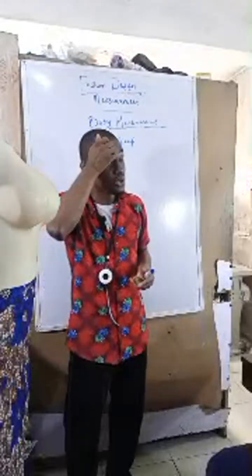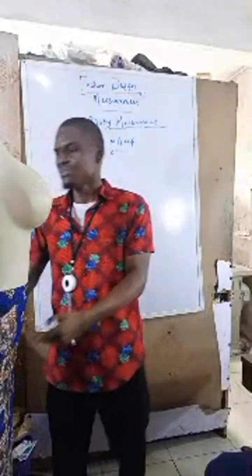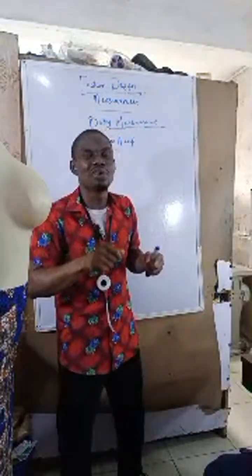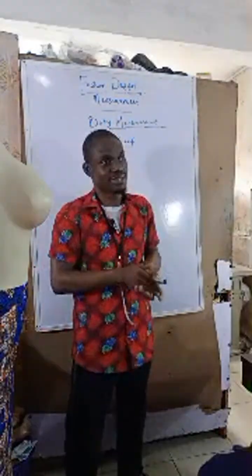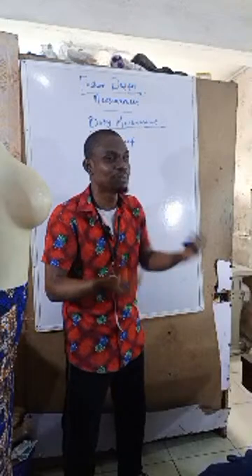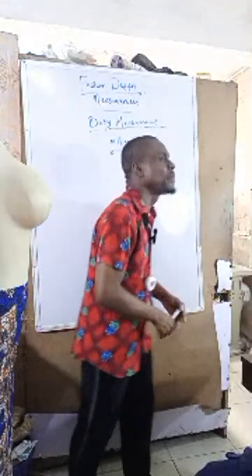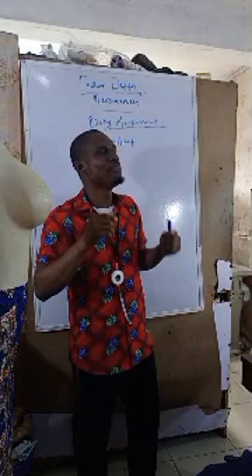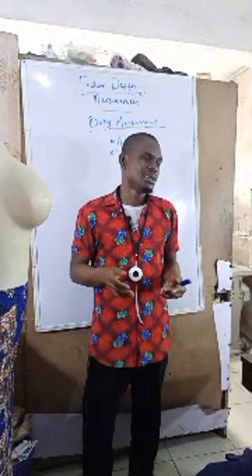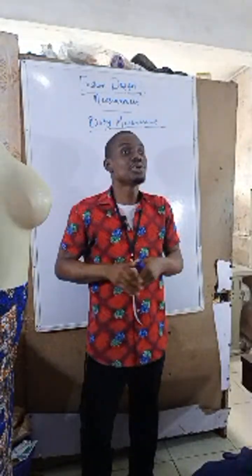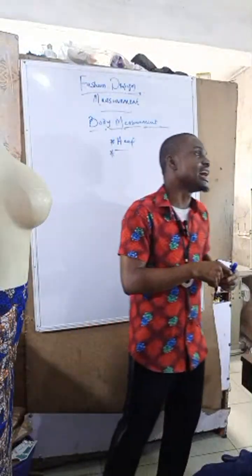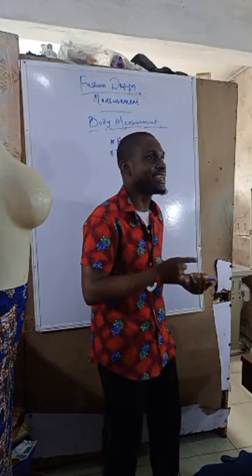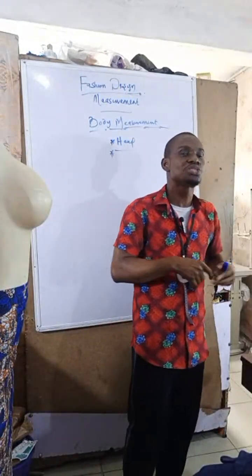There's one special thing I'm going to do for you guys as my students. I'm also going to introduce to you how to use AI to get different body sizes. It's very simple. When you're hearing AI, people don't know that you need to embed AI in everything you do in your life. This is the age of AI we are in. So even in your sewing, if your customer says, please, I need a trouser size 8, I need a shirt size 8, you don't need to start running around asking, do you have different sizes?